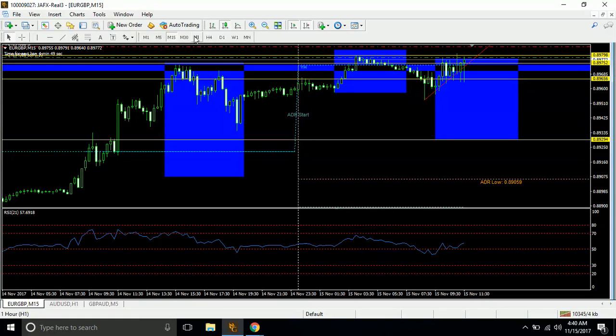Does anybody have any currency pairs that they've been looking at that they want me to pull up on this chart?